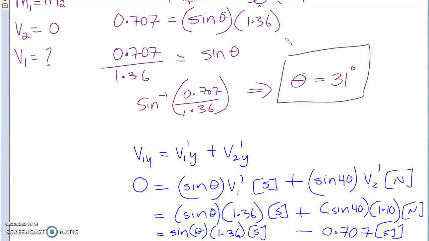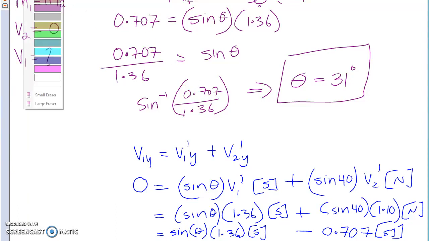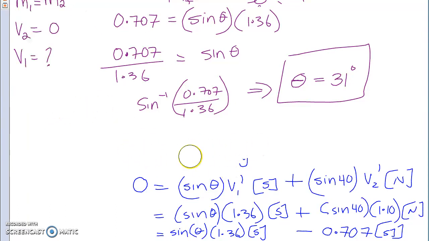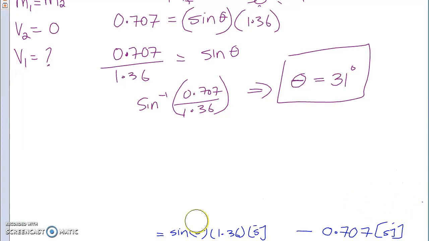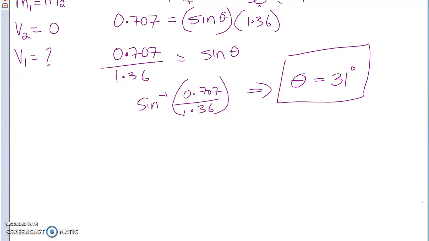Now we are going to take a look at the x direction. Can I erase this bottom part right here? In the x direction, we have again v1x, which equals v1 prime x plus v2 prime x.